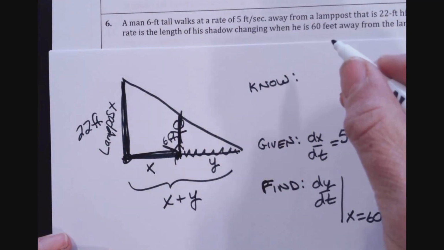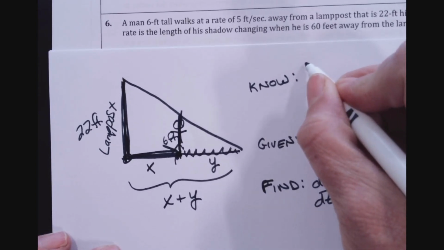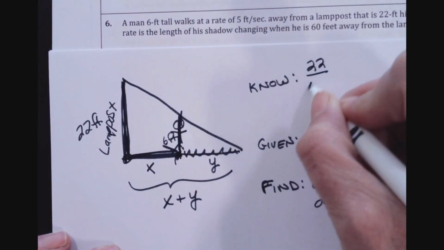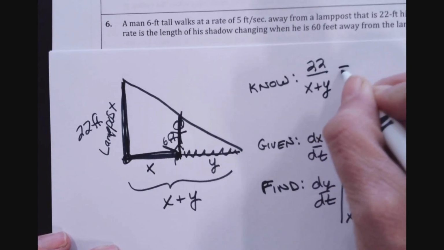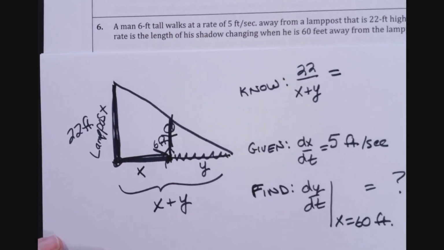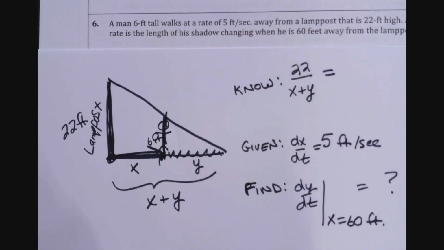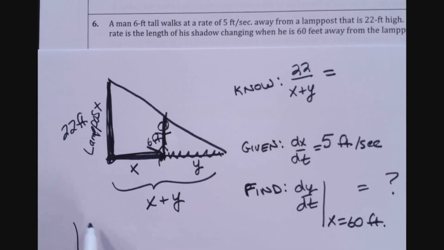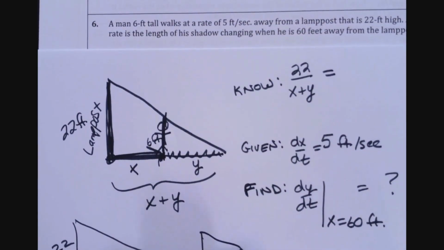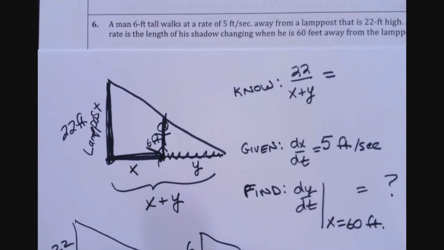I could set this up different ways, but how about 22 over x plus y? What would that equal? Good. So there's the large triangle, 22 over x plus y, and then the small triangle here is 6 over y.